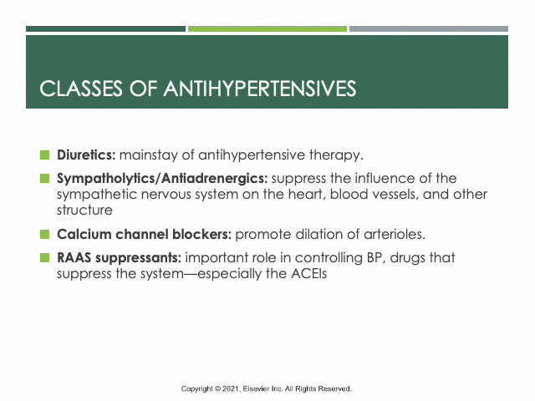We can also use antiadrenergic drugs or sympatholytics, and these suppress the influence of the sympathetic nervous system on the heart, the blood vessels, and other structures. They are widely used for hypertension. Think of categories like beta blockers, alpha adrenergic blockers, and A2 agonists.